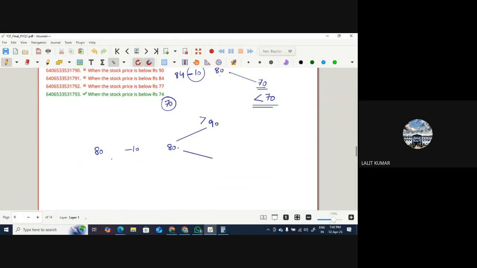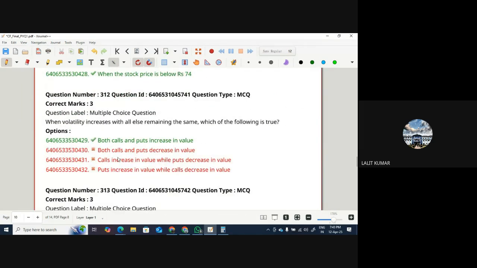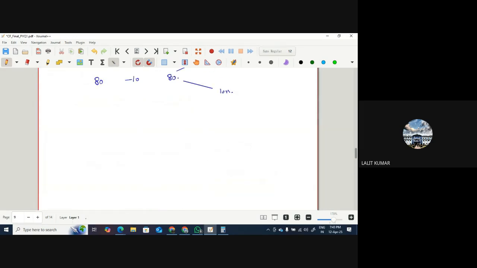Next question: when volatility increases with all remaining the same, which of the following is true? Both call and put increase in value. So I will cover the relations for both call and put. This is call, this is put.